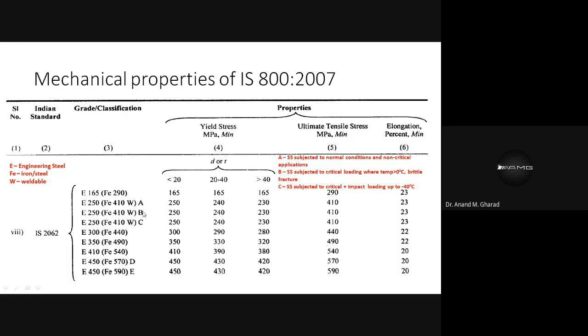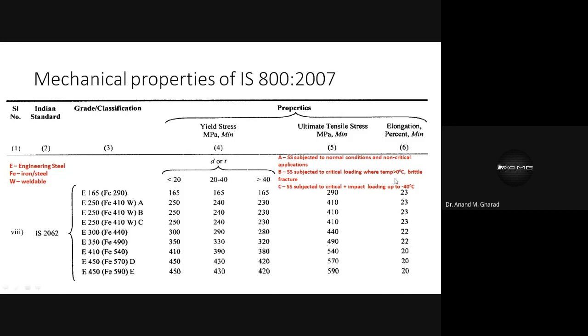Then there is capital B, structural steel subjected to critical loading where temperature is greater than 0 degrees. Brittle fracture may be there. Okay, so the critical loading may comprise moving loads, just like bridges.